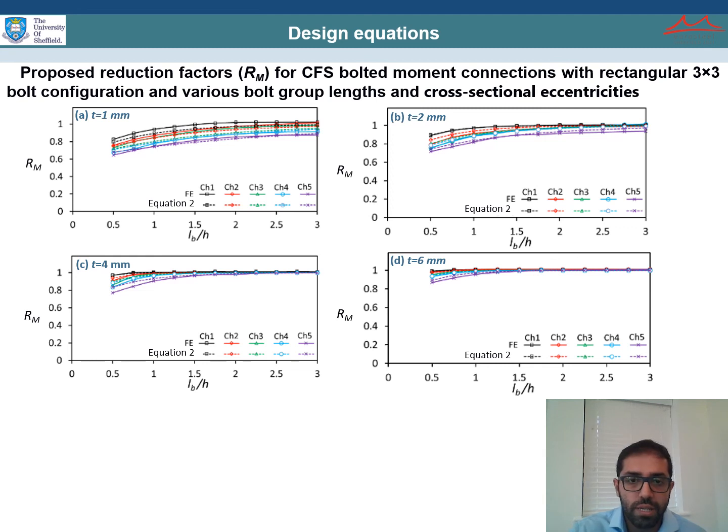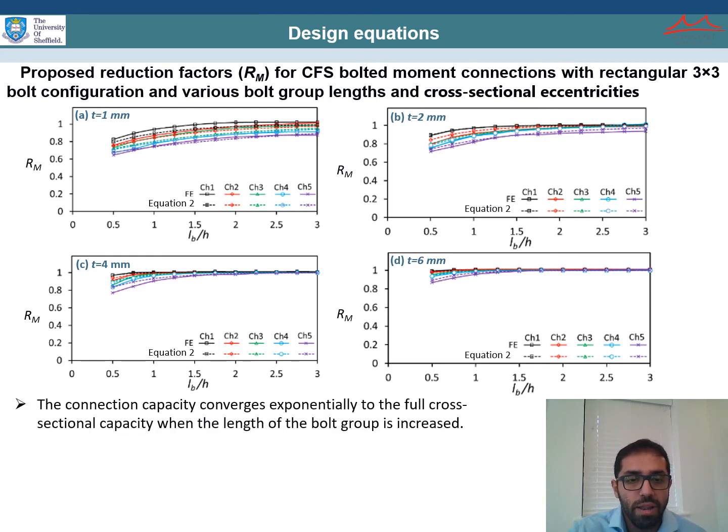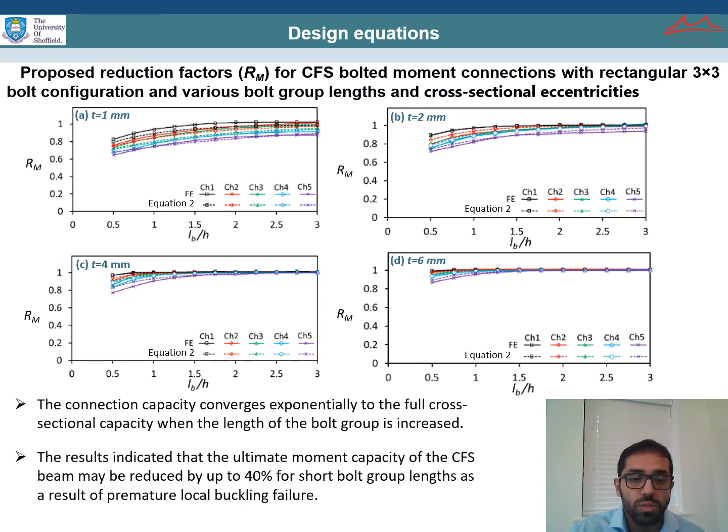As you can see, the results are in good agreement, and the general conclusion is that the connection capacity converges exponentially to the full cross-sectional capacities when the length of the bolt group is increased. The results also indicate that the ultimate moment capacity of the cold-formed steel beam may be reduced by up to 40% for short bolt group length as a result of premature local buckling failure.